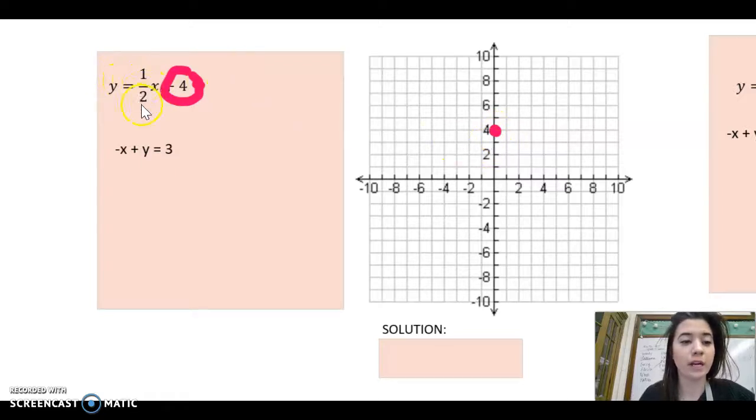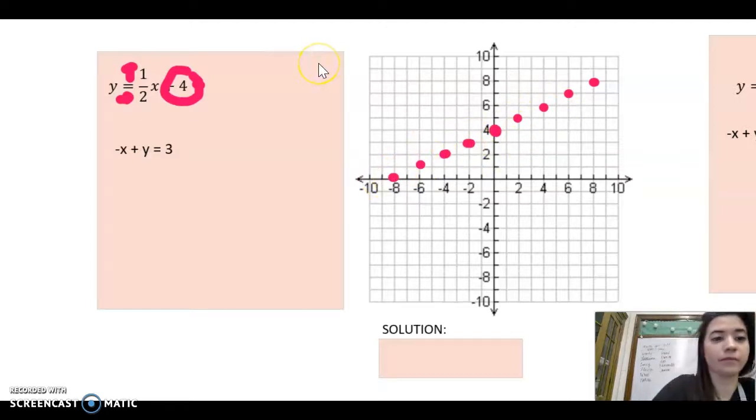And then 1/2 means I'm going to go up and then to the right. So up 1, right 2, up 1, right 2, up 1, right 2. And again, we're going to make as many points as possible because we don't know where they're going to cross. To go backwards, you just follow the pattern.